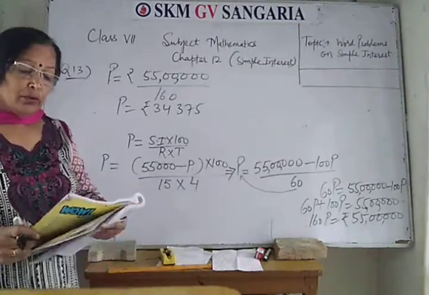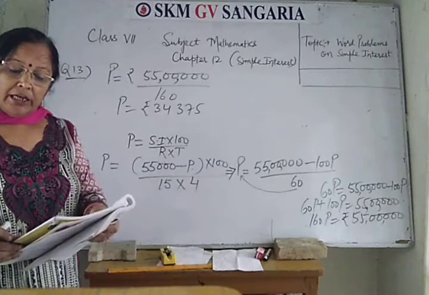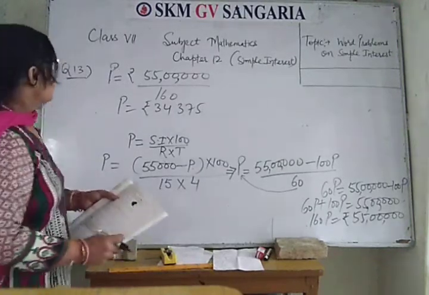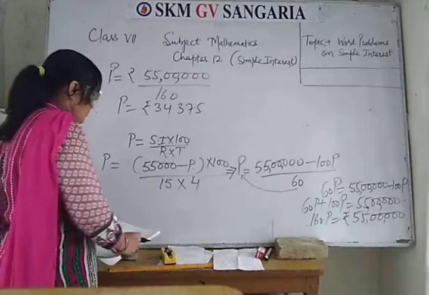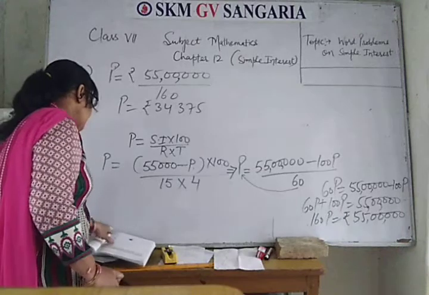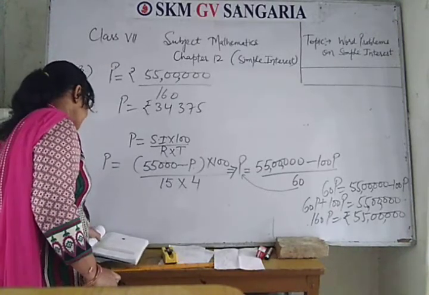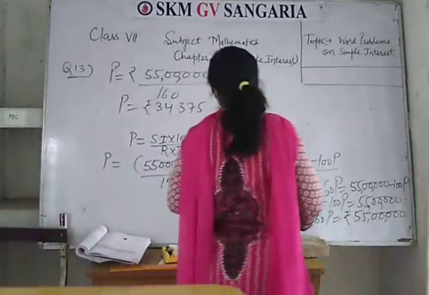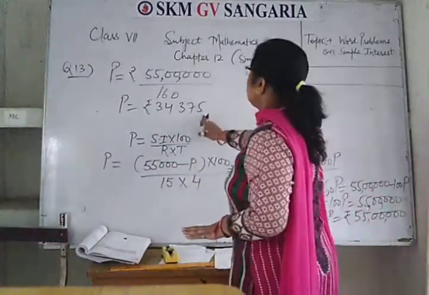We are going to get how much it will amount to in 6 years. The principal and rate of interest are the same. Here the principal is with us. We will get the simple interest.